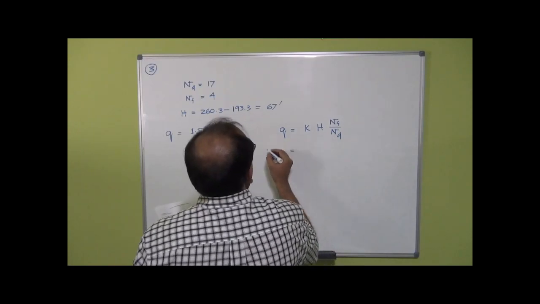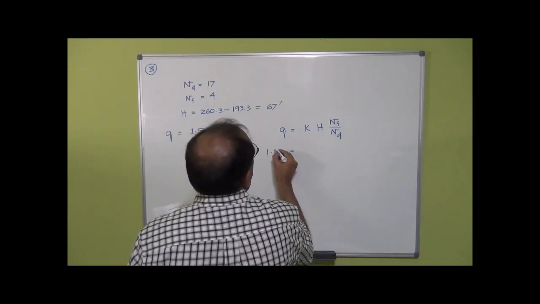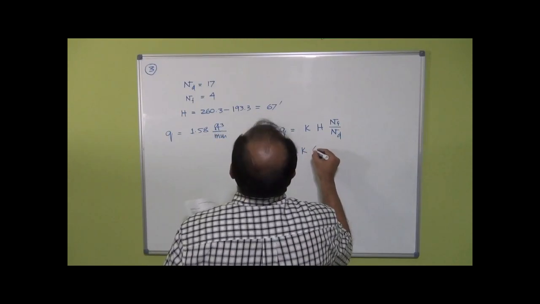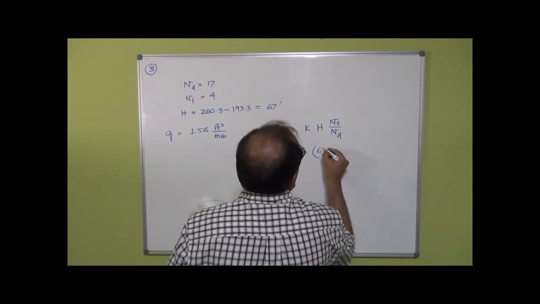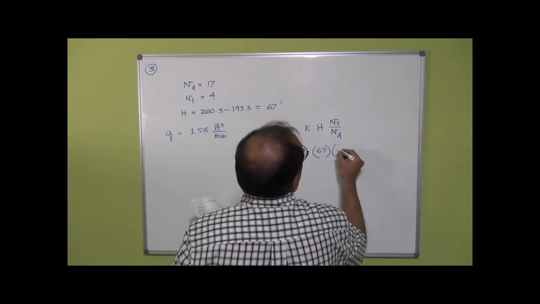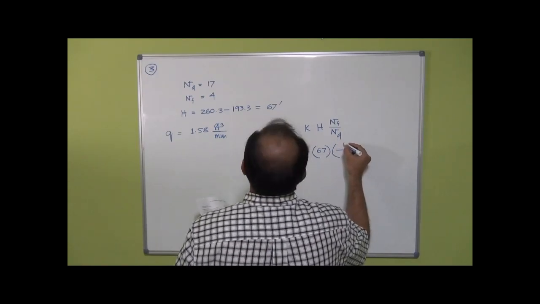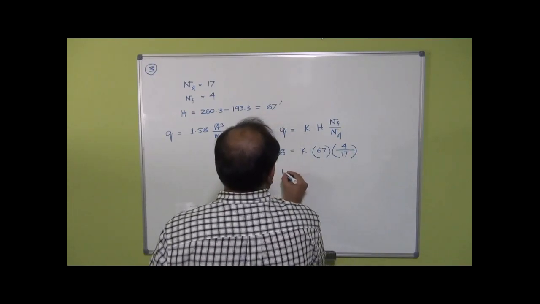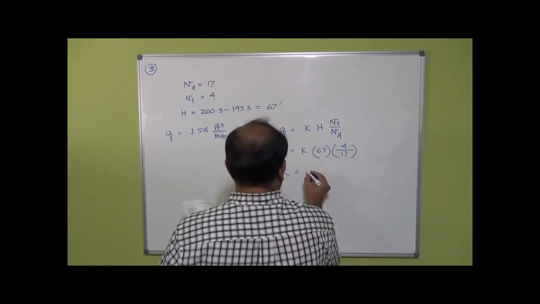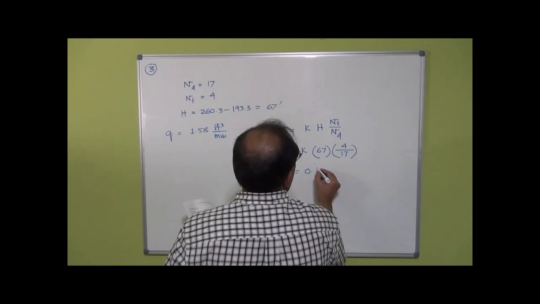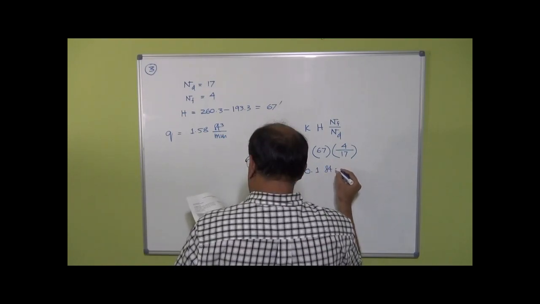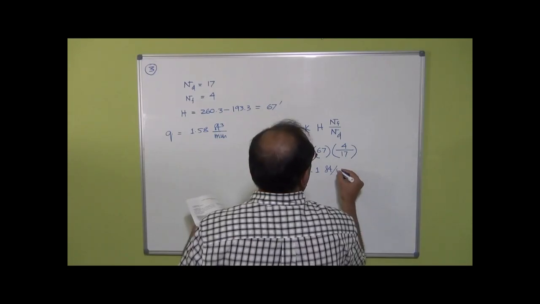Your Q is 1.58, H is 67, and NF by ND is 4 by 17. If you solve for K, you will get 1.1 feet per minute.